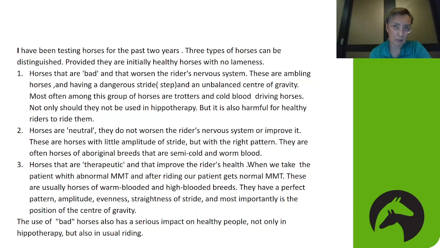We don't test horses with lameness, but I did it, and all horses with lameness will give a bad reaction for humans. So the tests will be bad after riding on a lame horse.